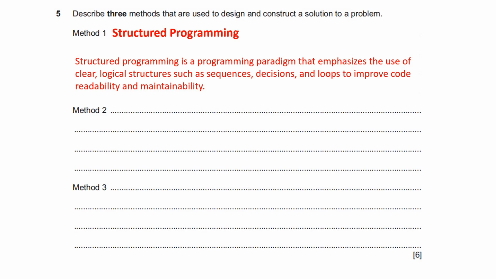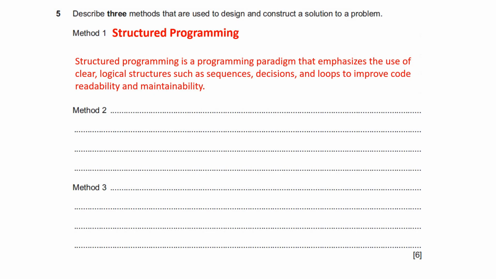Describe 3 methods that are used to design and construct a solution to a problem. Method number 1 is structured programming. What is structured programming? It is a programming paradigm that emphasizes the use of clear logic structures such as sequences, like writing a program in the form of a sequence line by line.